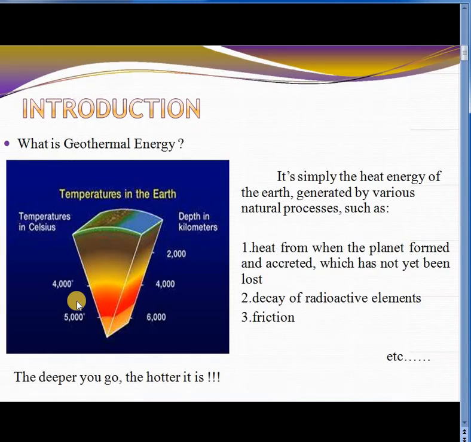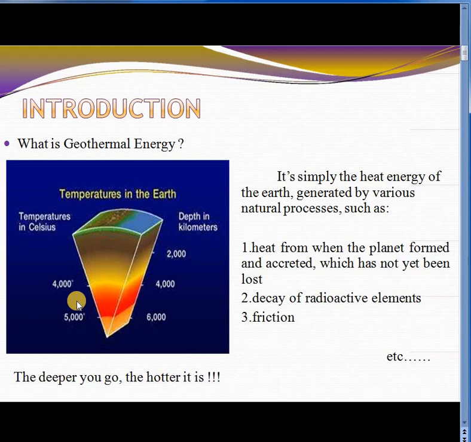Okay. So moving on towards the introduction of geothermal energy, what is it? The word itself signifies that geo means earth and thermal means heat. So geothermal energy is the heat from within the earth. We can use the steam, the heat from the steam or hot water which is produced inside the earth's surface for generation of electricity.